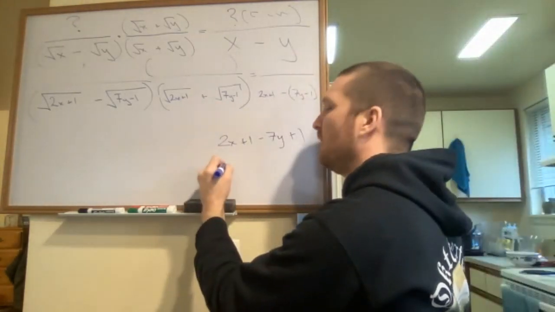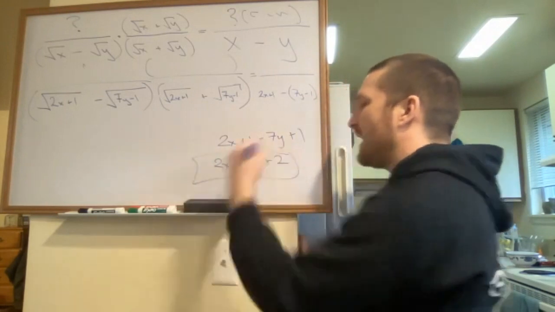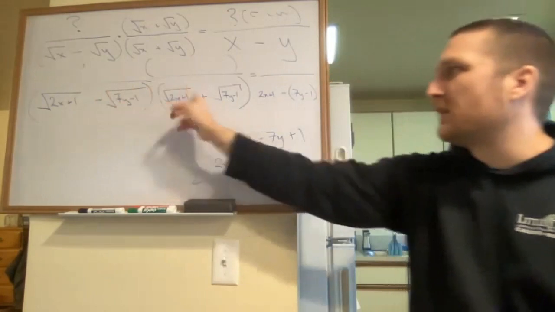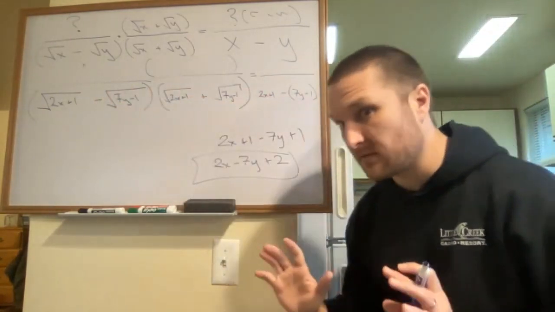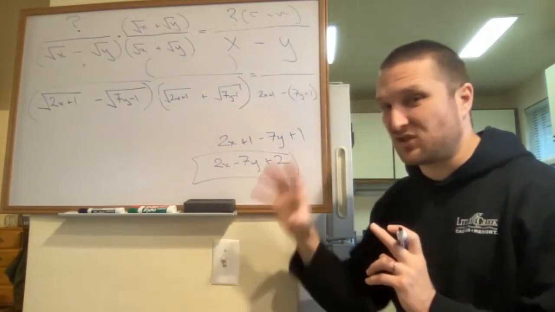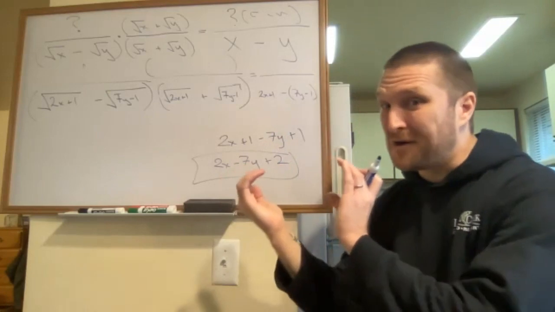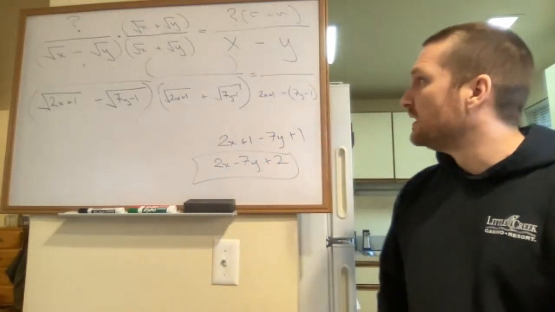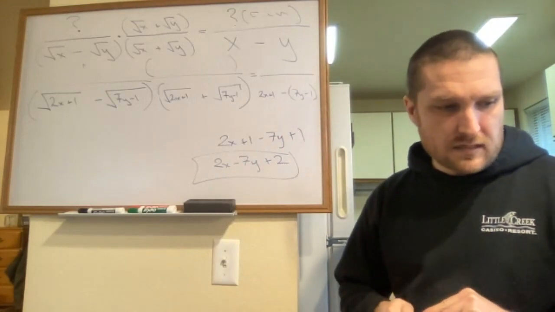Then we could rearrange it like this, and that's my denominator. Just saying, got to be careful. Whenever you write down a negative, stop for a second and ask, do I need parentheses? In the first case, we didn't because it was just 7y by itself. But when it's 7y minus 1, you better use parentheses just to keep yourself honest. So that's all we are doing this time around.